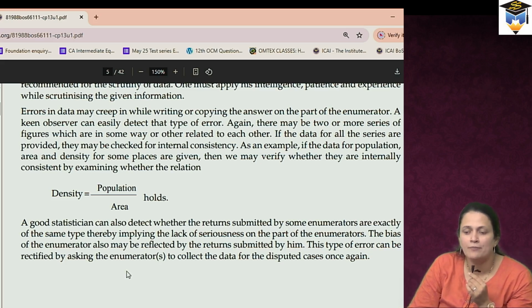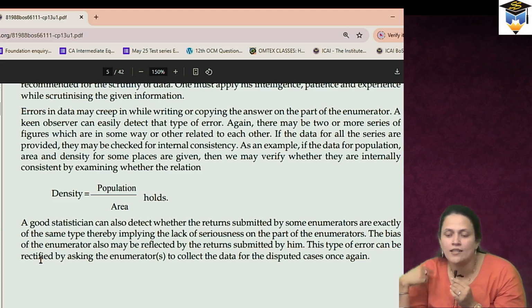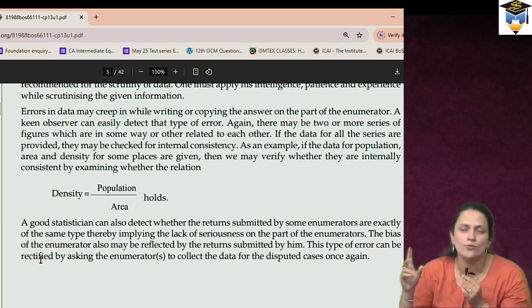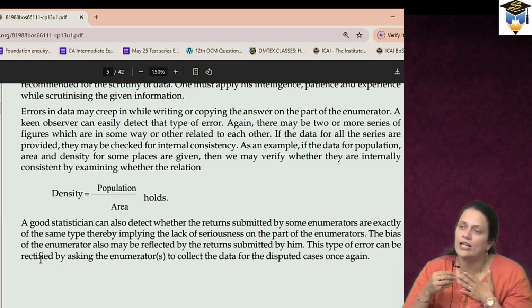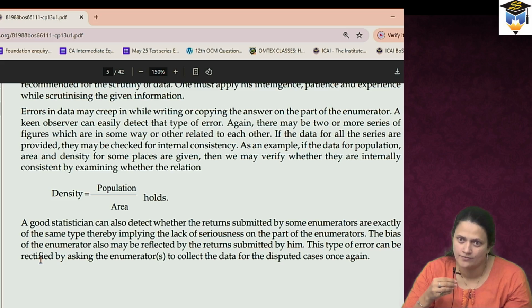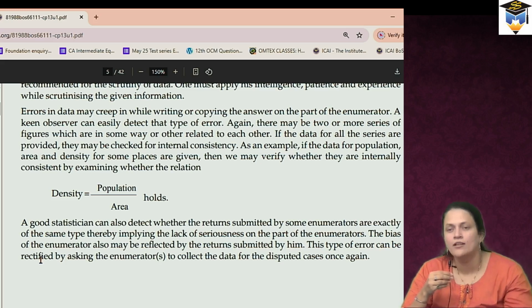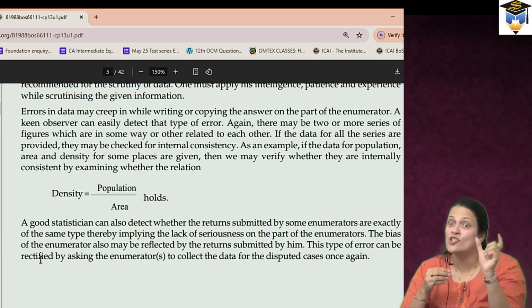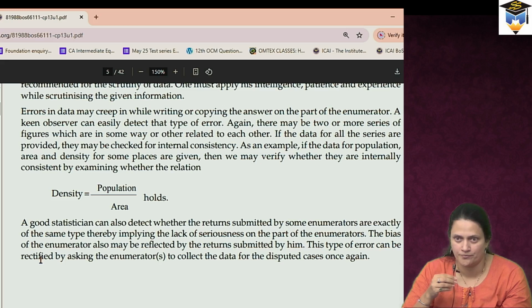This type of error can be rectified by asking the enumerator to collect the data for the disputed cases once again. So as the government, I will tell Om, the data is not accurate. So Om, go back to all the people from whom you collected data and check whether it is accurate or not.